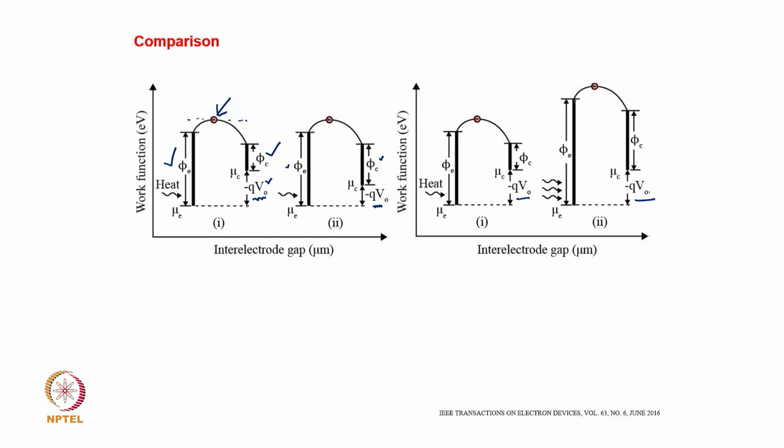So, you can have a very high phi E here, and a very low phi E here. That means in case of low phi E, you need less heat to be supplied, and for high phi E, you need more heat to be supplied.